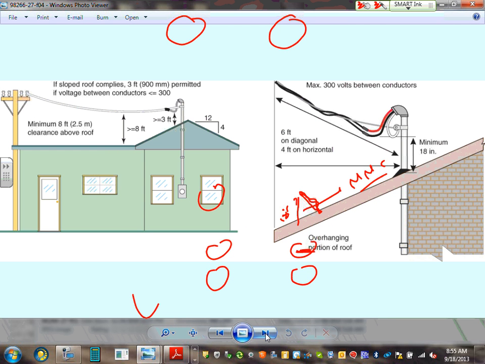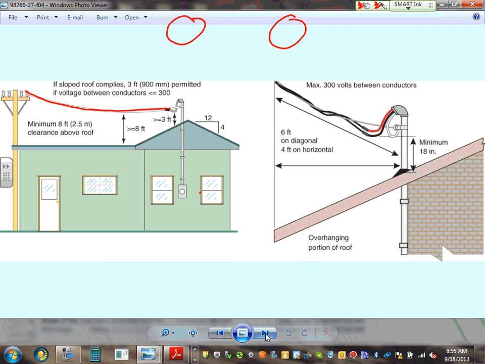We talked about clearances, guys. If you bring the service conductors over the building, can you guys see that? You have to maintain 8 feet. If it's a sloped roof, they allow you 3 feet. If it's a flat roof, 8 foot clearance.